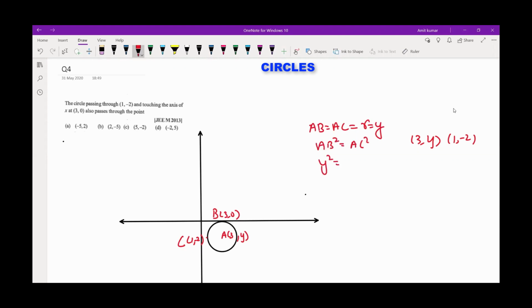AB square is y square, and AC square is (3 minus 1) whole square, that is 2 square, plus (y minus of minus 2) whole square, that is (y plus 2) whole square. So y square is equal to 4 plus y square plus 4 plus 4y, so I get minus 8 is equal to 4y, and y comes out to be minus 2.